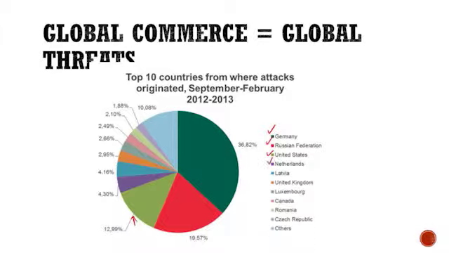Then followed by the Netherlands, Latvia, United Kingdom, and so you see it goes on and on. So it's a number of places. It's not just any one country who's to blame, although Germany does have a very large part of that pie. And if you combine that with the Russian Federation, then that's 50%. But still, you see the other countries still play a major role and impact for threats, okay?